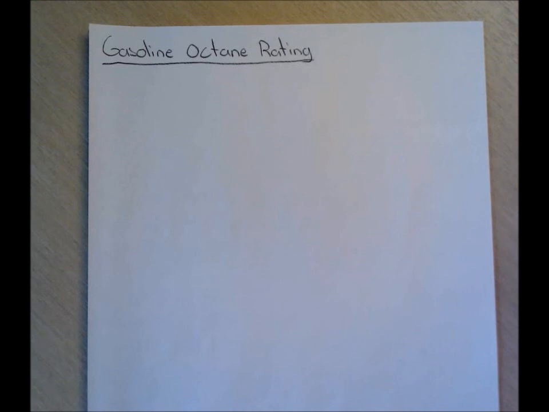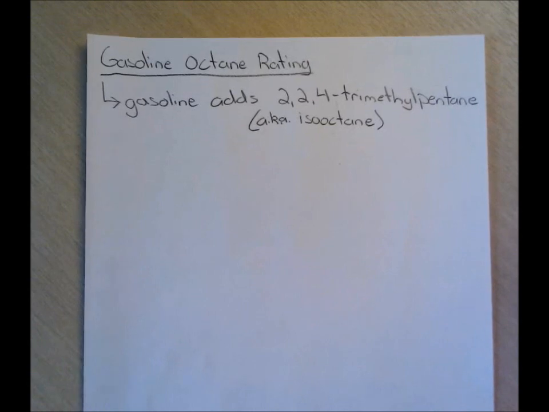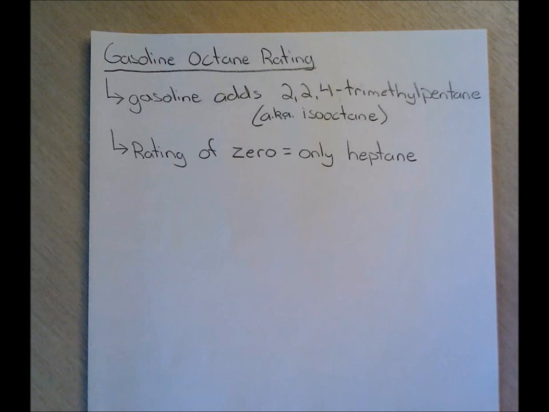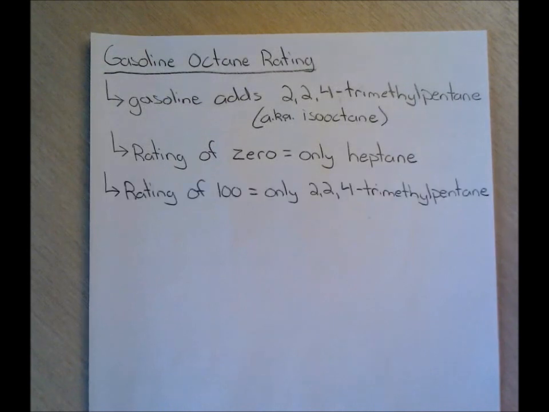The way that we rate our gasoline is this: a rating of 0, which you shouldn't see on the pump, is purely heptane. A rating of 100 is purely 2,2,4-trimethyl pentane, or isooctane, 100% of that substance.